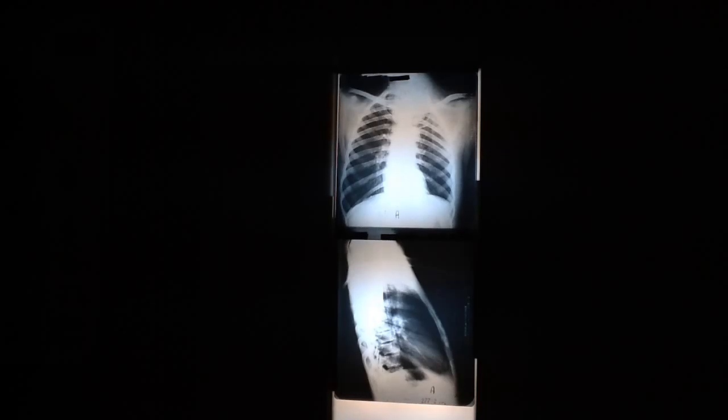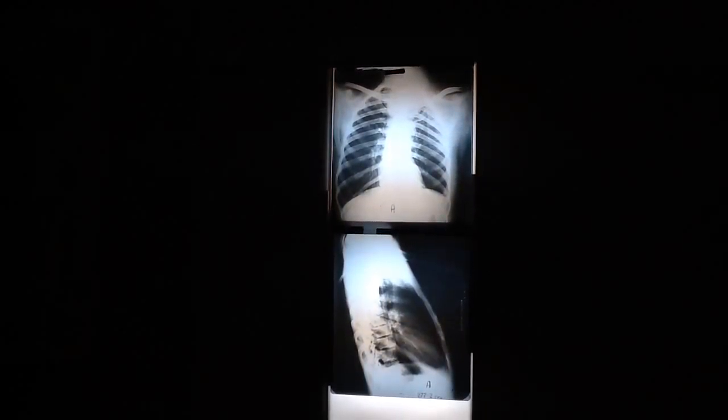All right, so what do we think of this one? Well, look at the upper lung on the PA view. So we have opacification of the apex on the left side. Everybody see that? Very opaque, isn't it? Yes. Very opaque.